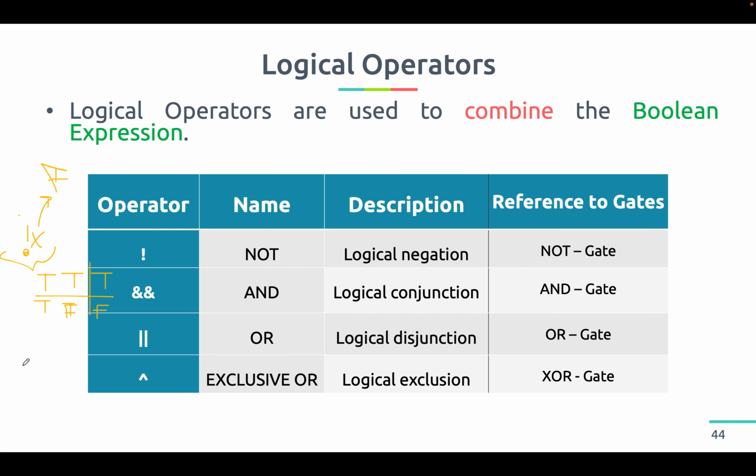XOR is if we have different values, we will get 1. If we have the same values, we end with 0. So true XOR true, or false XOR false, we will get 0. If we have true XOR false, or false XOR true, we will get 1.